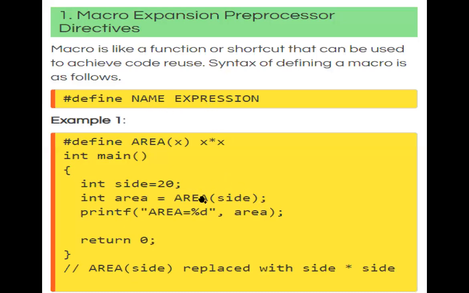It replaces AREA with x into x. That is the main thing about the preprocessor. You can define any expression like this: define PI 3.14, or define a function like define AREA(x) x into x. Frequently used things can be written in your program. That is about macro expansion.